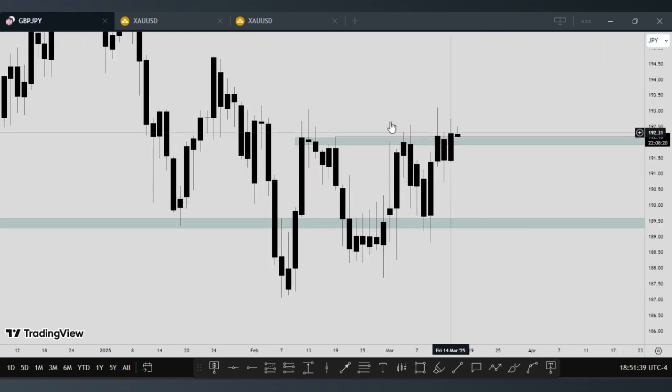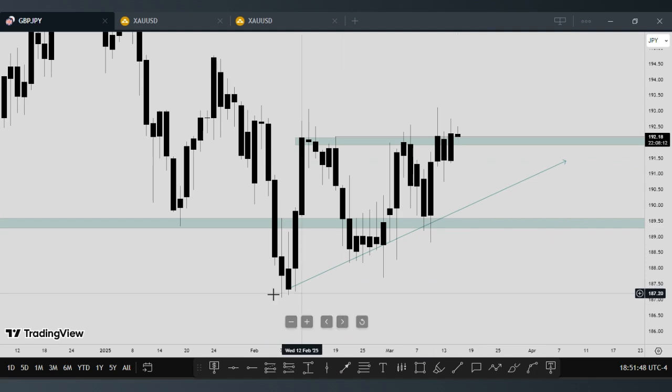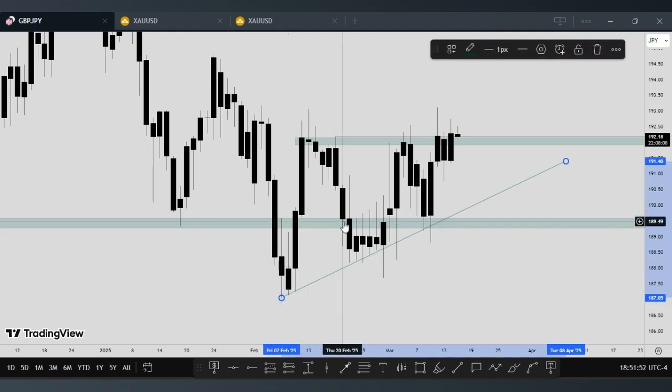Why are we looking to buy from these areas? Another thing we can consider is this form of a trend line: bounce, bounce, bounce, and now we have this level, so price is squeezing this level.